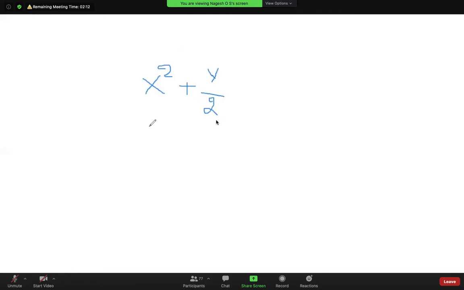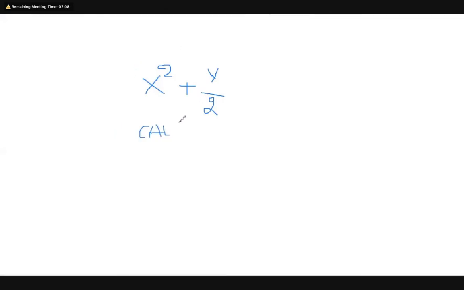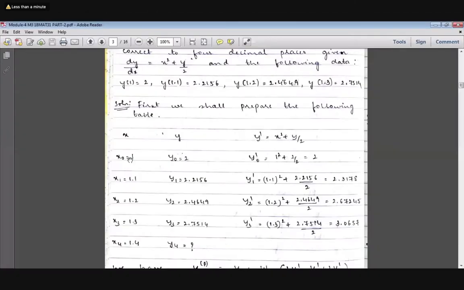Okay, after this, press CALC. That button is below that shift button only. Press CALC. In the display, it will ask X question mark. What was the first value of X? First value of X is 1.